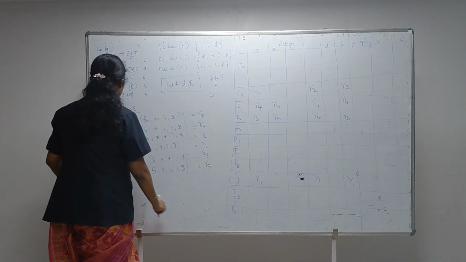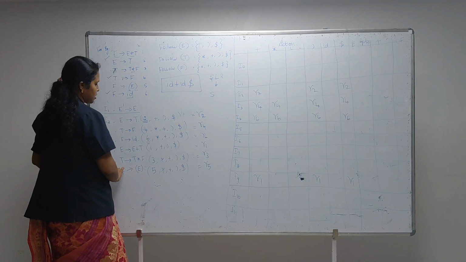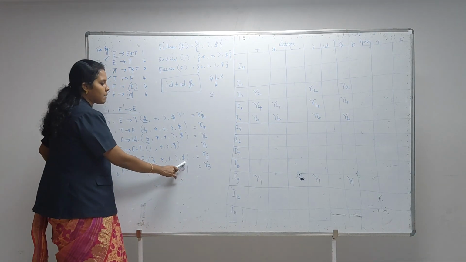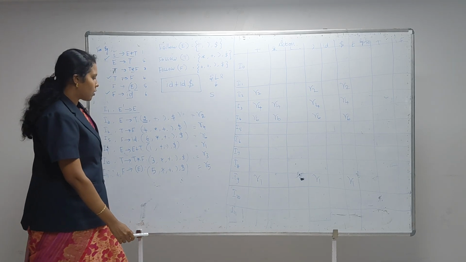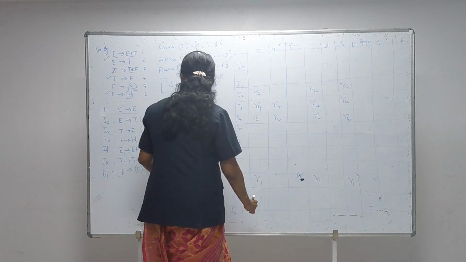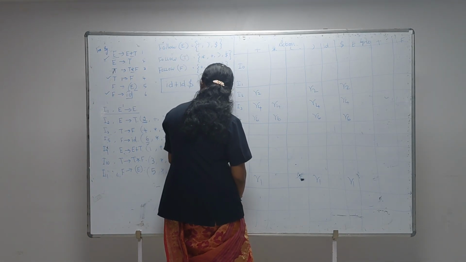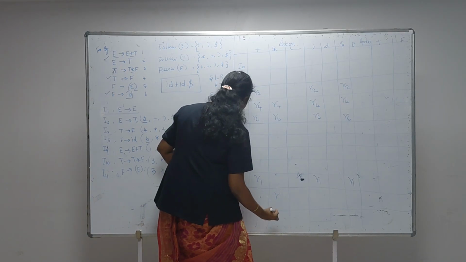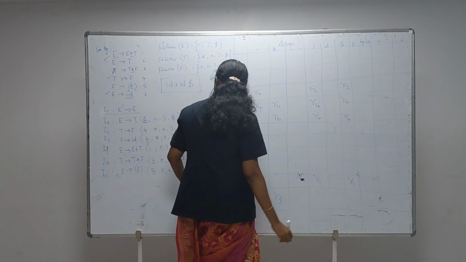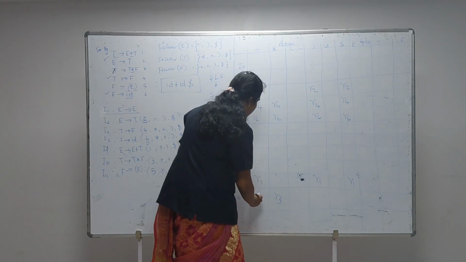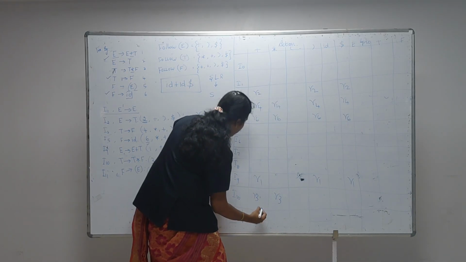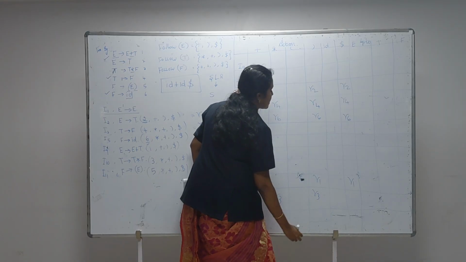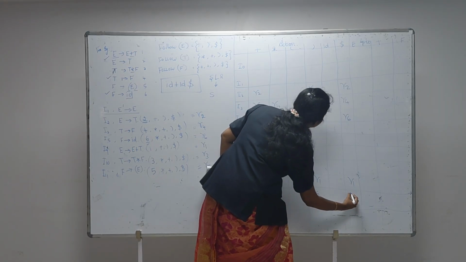Next for I10, 10 comma asterisk, 10 comma plus, 10 comma close parenthesis and 10 comma dollar is R3. So we write the reduction function here: 10 comma asterisk is R3, 10 comma plus is R3, 10 comma close parenthesis is R3, and the last one is 10 comma dollar is R3.